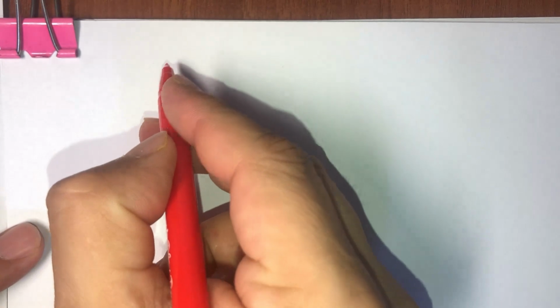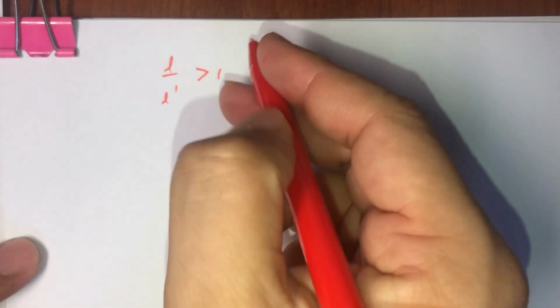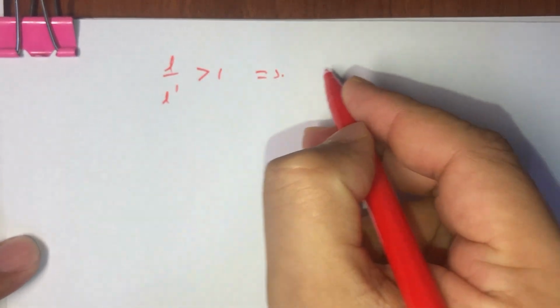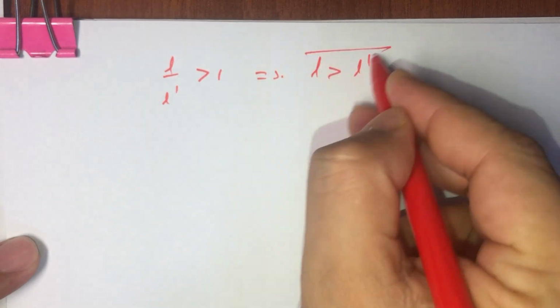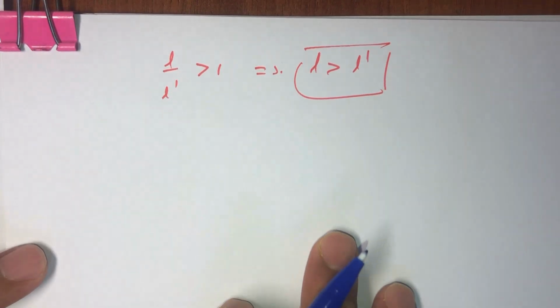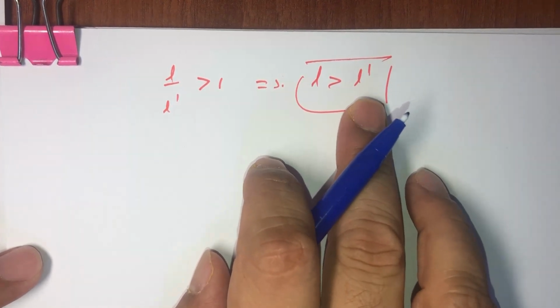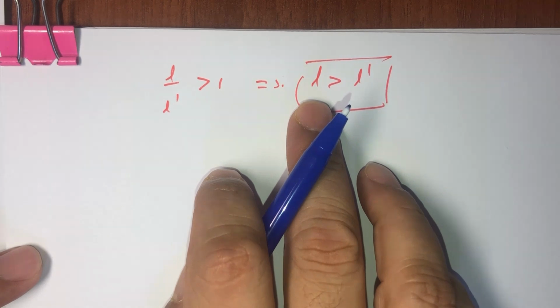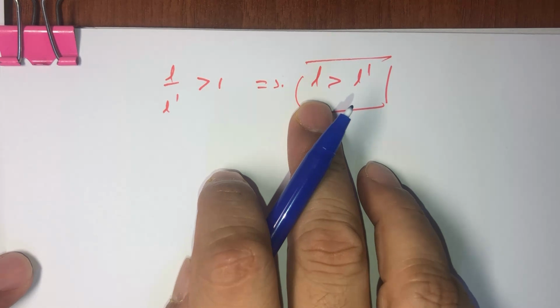So L upon L prime is greater than 1, so L is greater than L prime. L prime is the new submerged height and L is the original height.